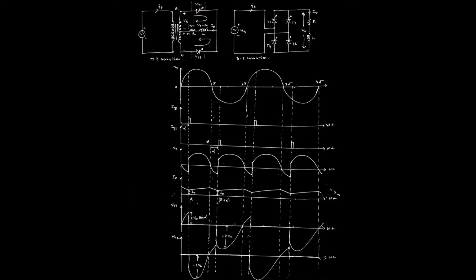That is why the SCR is still in the working state. It continues conducting up to the point where the inductor is fully discharged, suppose pi to alpha, where the next triggering pulse is given.